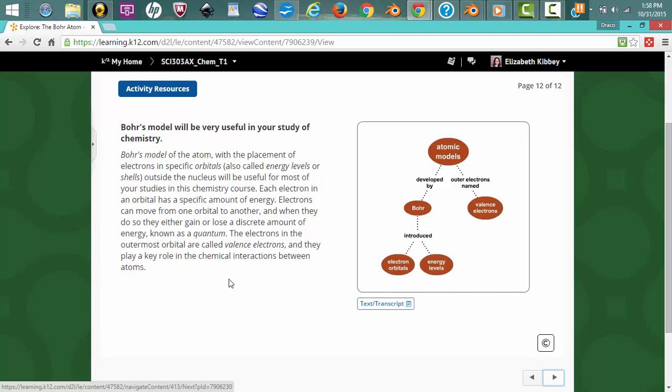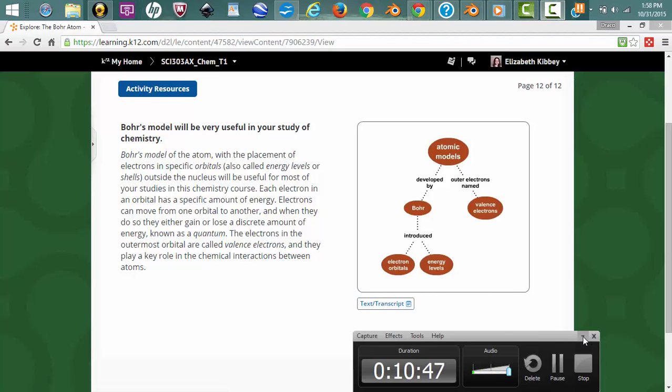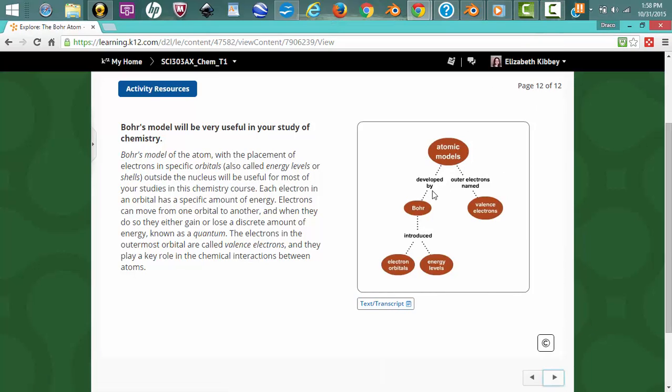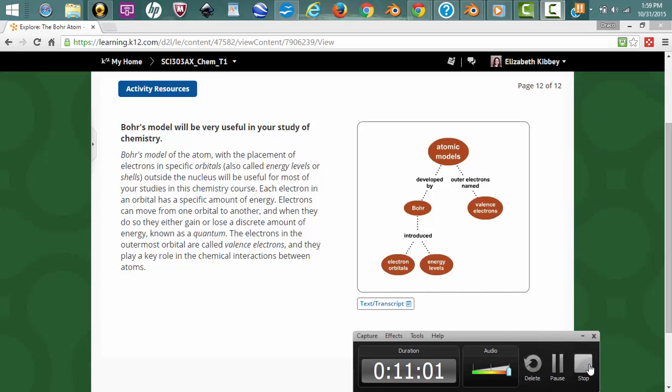The electrons in the outermost orbital are called valence electrons, and they play a key role in the chemical interactions between atoms. Atomic models developed by Bohr introduced electron orbitals and energy levels. Atomic model, outer electrons named valence electrons. I hope dearly that this review lesson helped, and good luck.